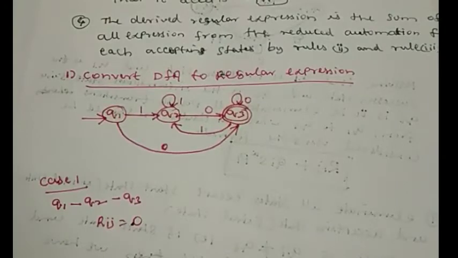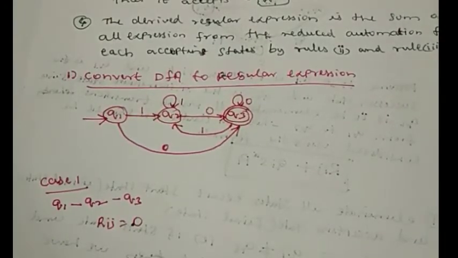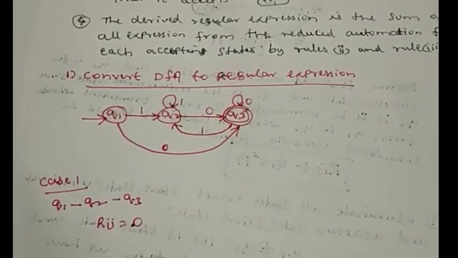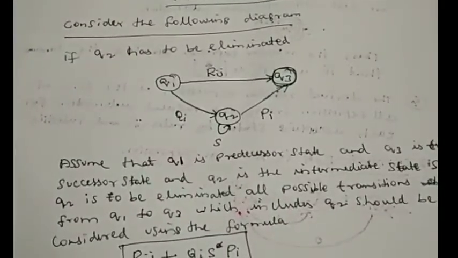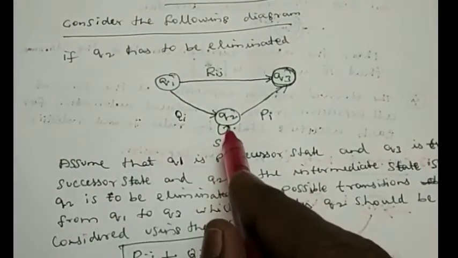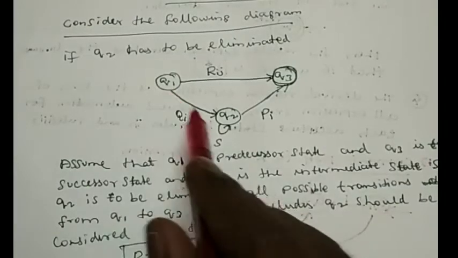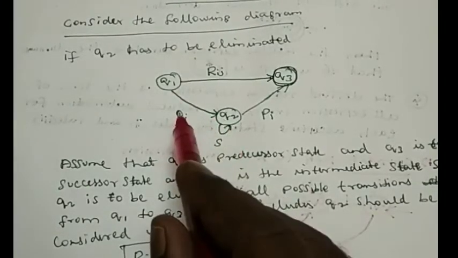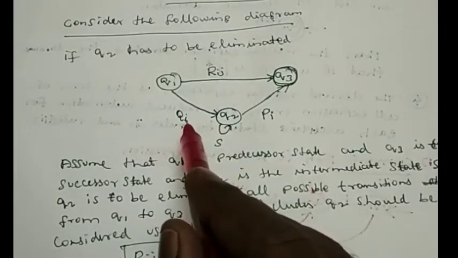Okay. Now, what is the next thing? Now see here, I just take up this diagram. If I have an edge from the predecessor state to the intermediate state, that is called Qi. The predecessor state is Q1 and the intermediate state is Q2. If I have an edge here, then that is considered as Qi.